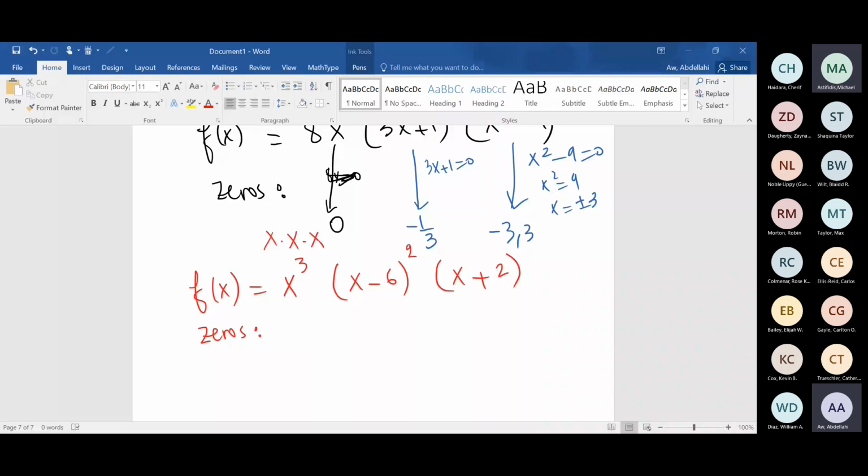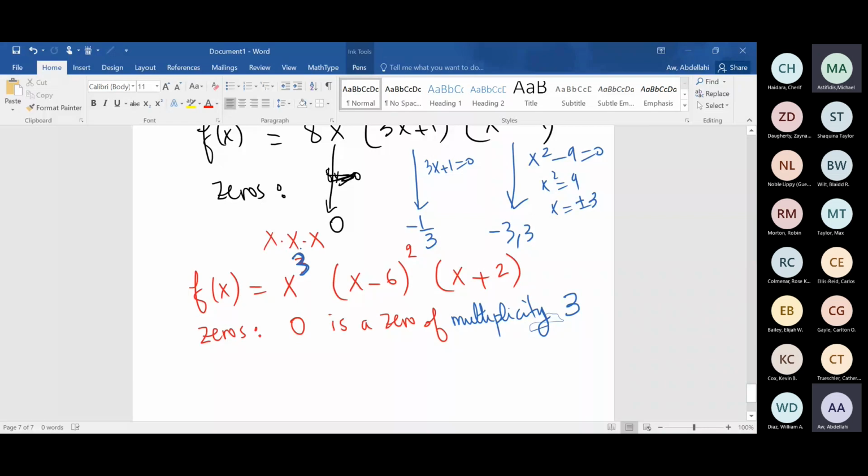Because of that, we say 0 is a zero of multiplicity 3, and keep this word, it is very important: multiplicity. The 3 is the exponent right here. That is how many times a zero is a zero.